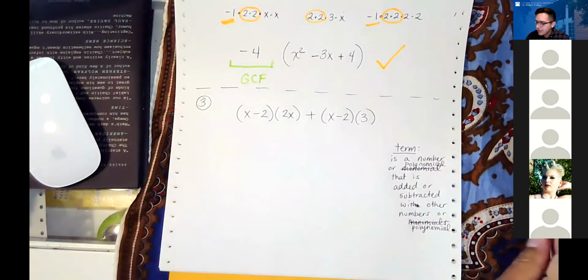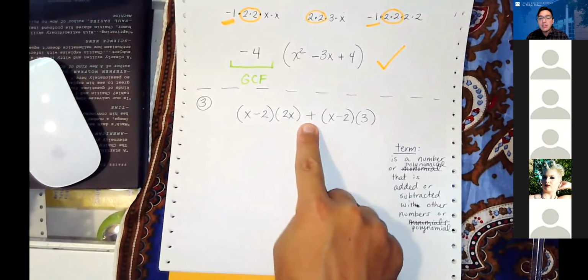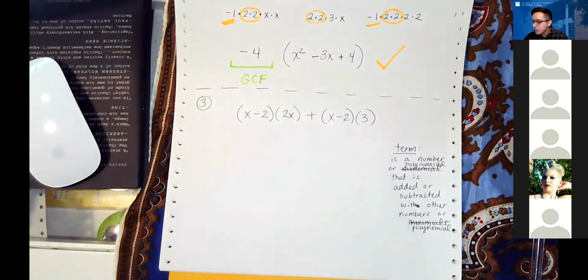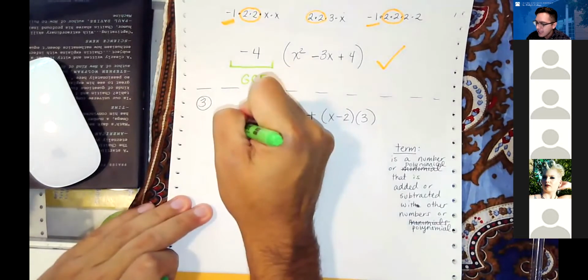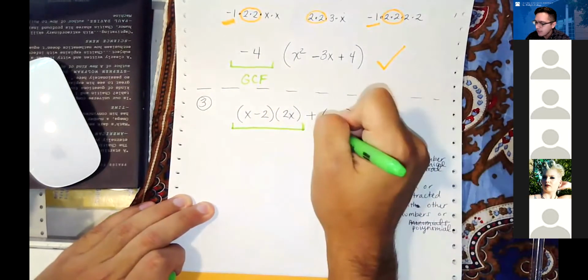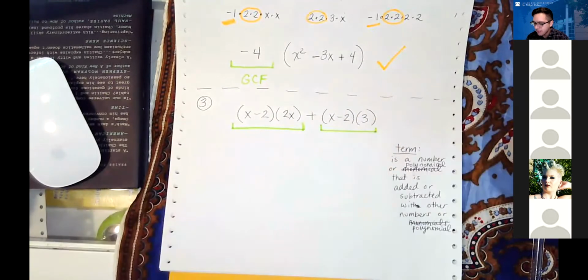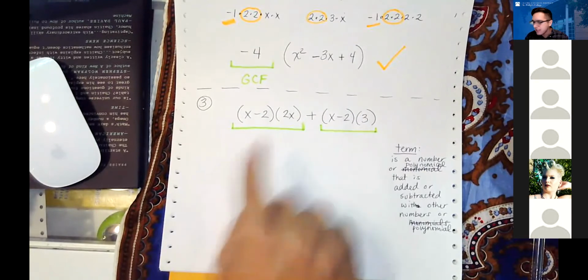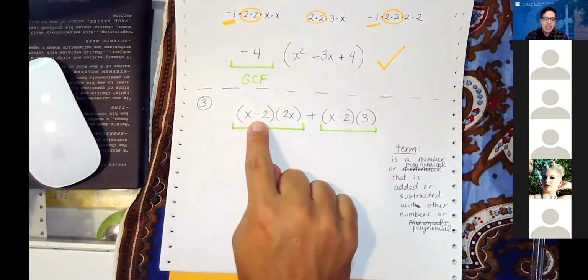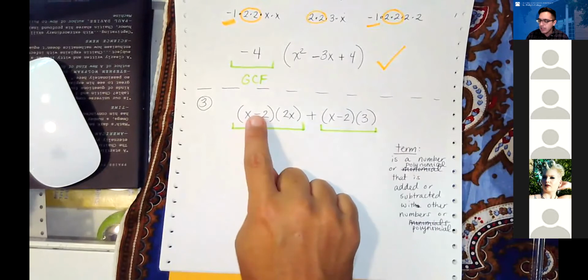What we should be focused on here is the addition symbol. The addition symbol here is separating our 2 terms. So when you look at this, you should say, this is a term and this is a term. Now I can imagine students being confused when I say that, because there's a subtraction symbol here, and x minus 2, well, that's a monomial and you're subtracting a number.